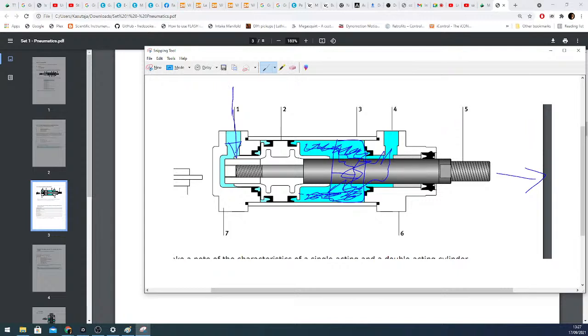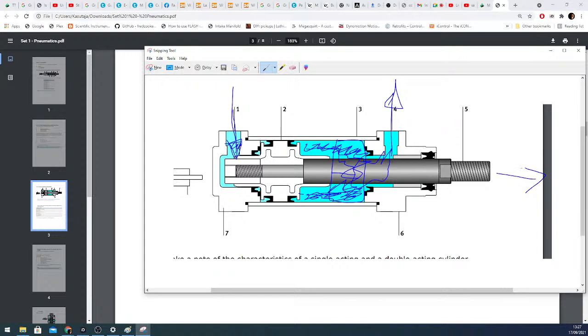That means when we are putting in some compressed air or liquid from this side, we also need to release it from the other side. So to make this cylinder work, we need to put compressed air in from one side and let it out from the other side.